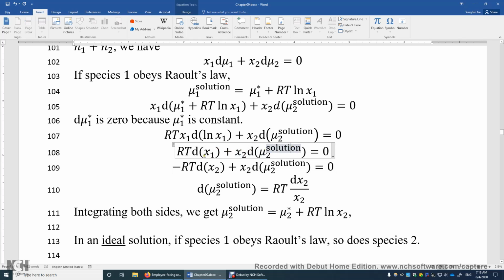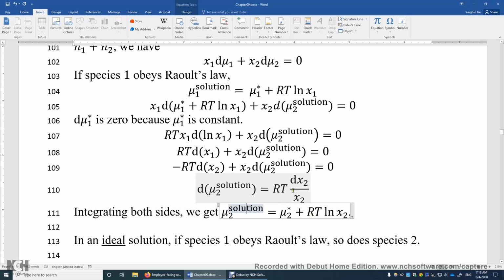Now, finally, in any binary solution, x1 is 1 minus x2. So we get this negative sign here, and then d mu 2 is RT times dx2 over x2. Now we integrate both sides. We have mu2 solution is simply mu2 star plus RT ln x2.